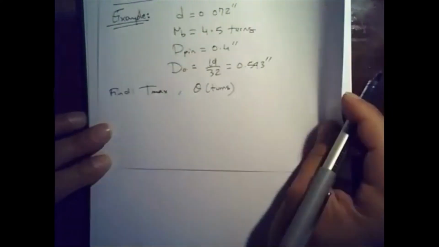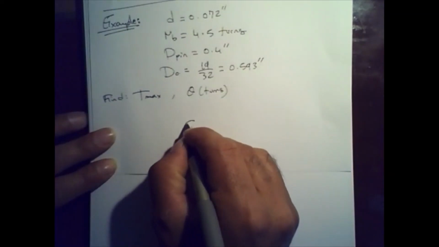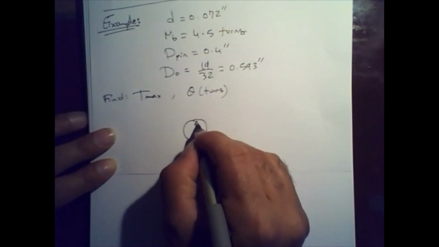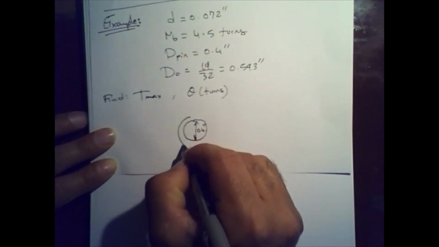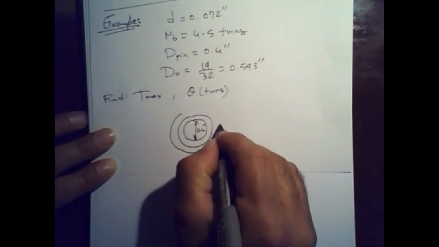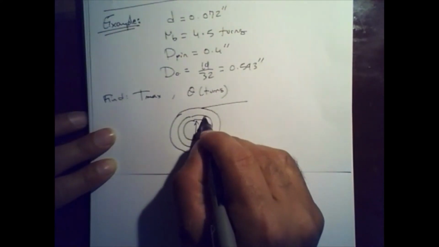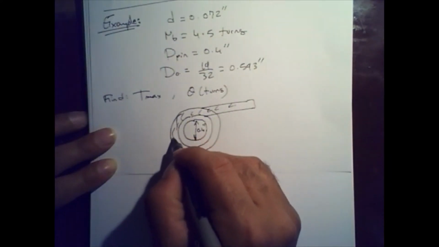Let us actually draw this to get an idea of how this would look. We have a pin, and the pin diameter here is 0.4 inches, and then the wire is going to be around that pin. This is your spring.